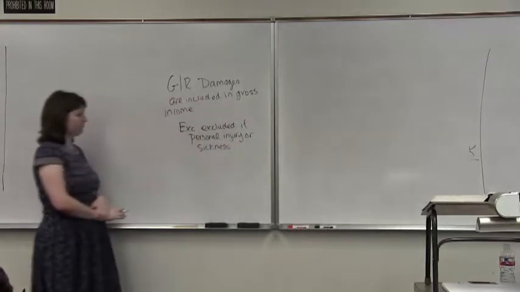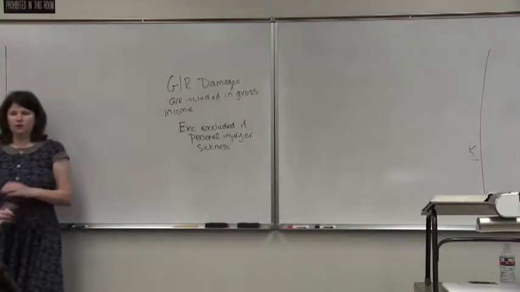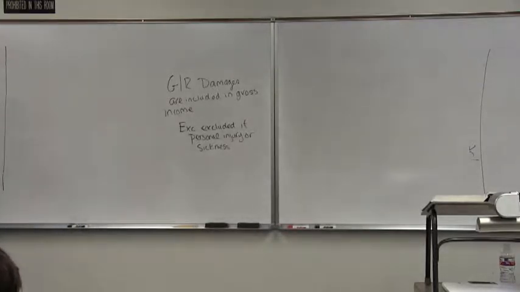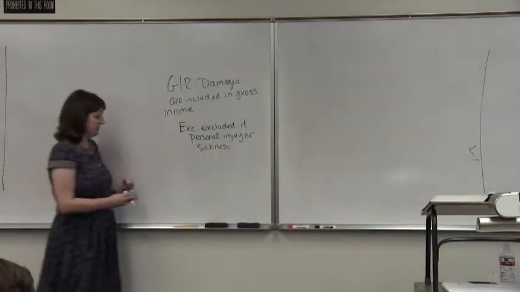Now, this includes loss of income related to personal injury. It includes medical expenses, attorney fees, all of that. If it's related to a personal injury, it is excluded. But there is an exception to this.